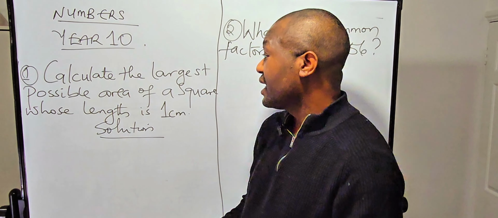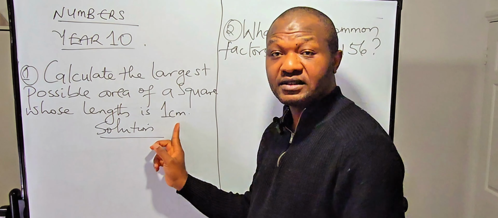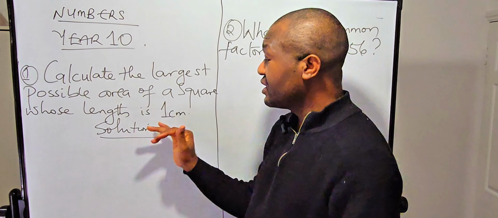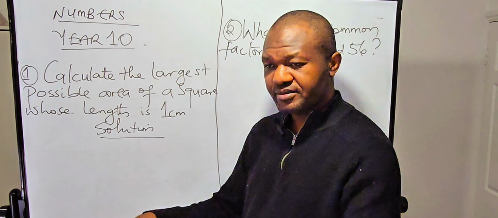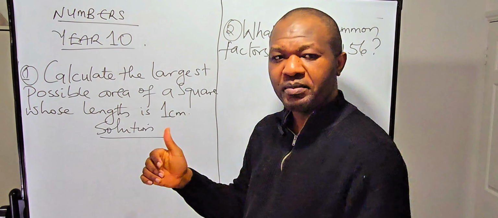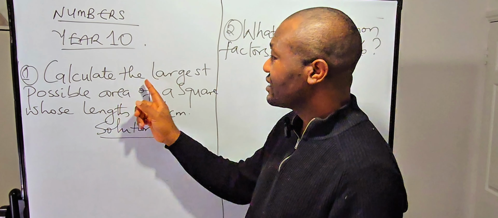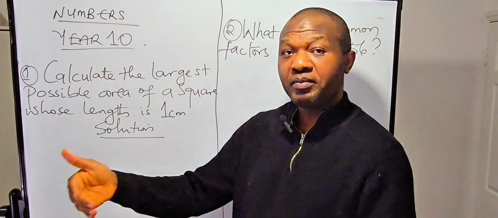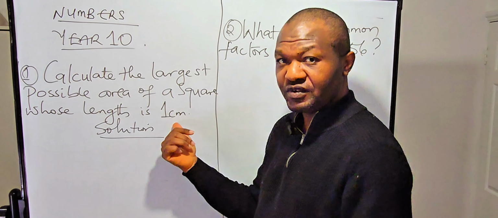Now you have been told that the length is 1 centimeter. But in dealing with this, they've given you the exact length of that square. But we're going to deal with the upper boundary because it says the largest possible area. That is why we'll be dealing with an upper boundary instead of dealing with the exact figure.